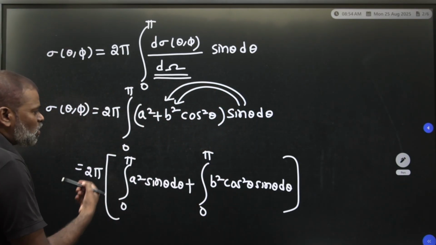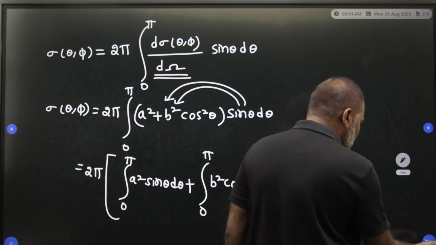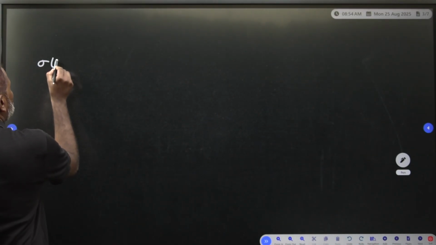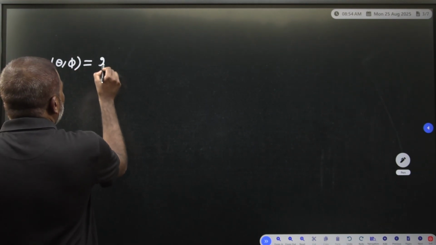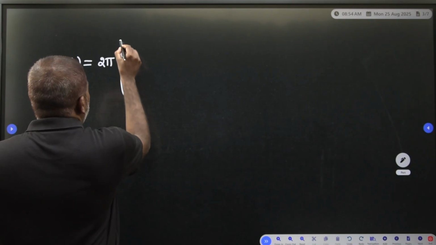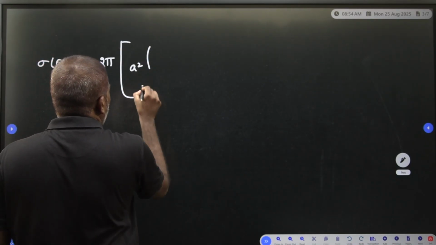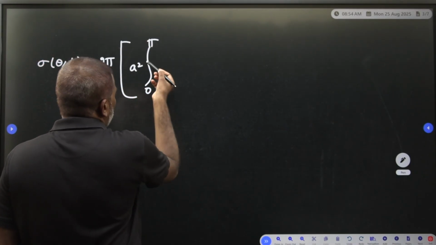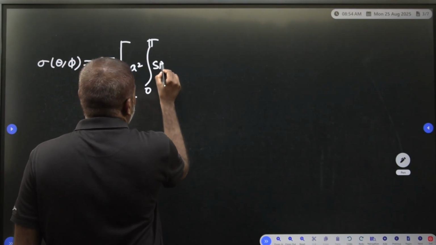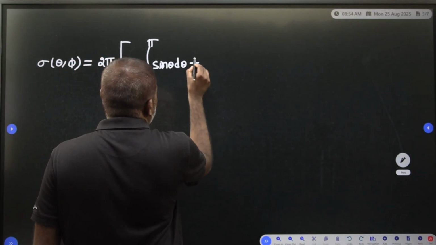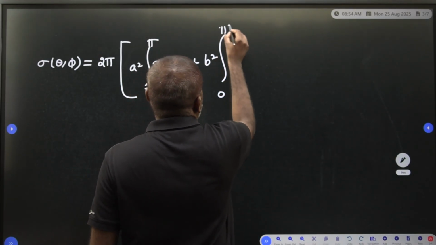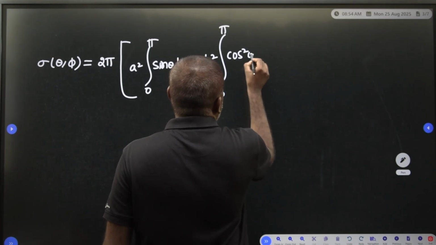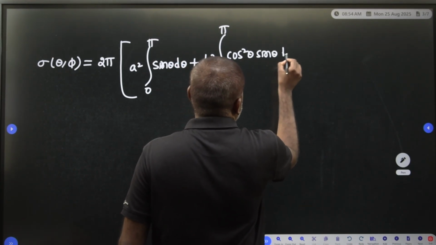Therefore, a square you can take outside. So the total scattering cross section sigma is equal to 2 pi into a square, integral 0 to pi sin theta d theta, plus b square outside, integral 0 to pi cos square theta sin theta d theta.